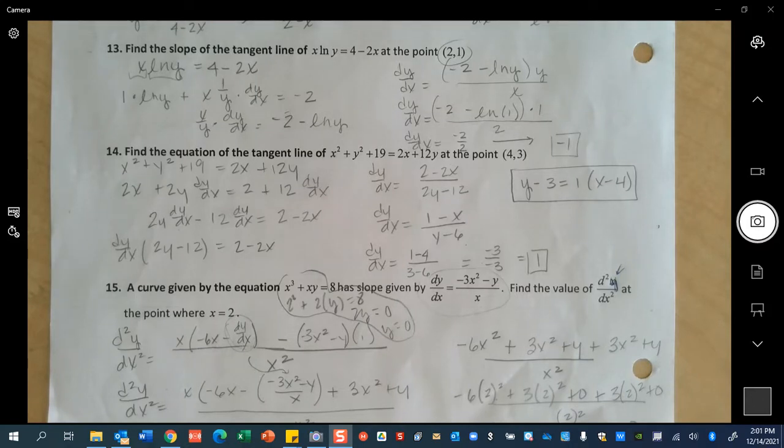Derivative of the first times the second plus the first times the derivative of the second. Don't forget your dy dx. Then I can solve for dy dx. And as soon as I've done that, now I can plug in my x and my y, like all that for -1. Are we good?